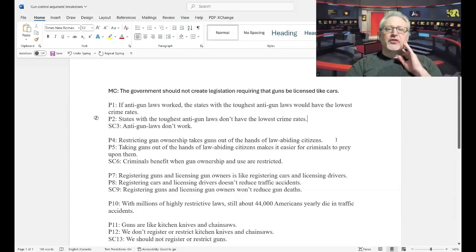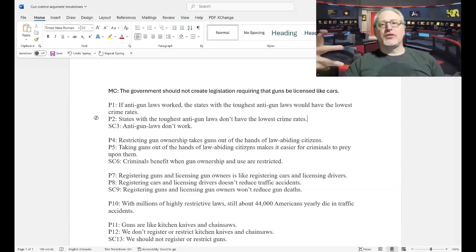Restricting gun ownership takes guns out of the hands of law-abiding citizens. And then we said, this makes it easier for criminals to prey upon them. Well, when you're reconstructing arguments, it's best to make things as explicit as possible. So I replaced the "this" with what the "this" was referring to. And I did that sort of thing in 1 or 2 other places too.